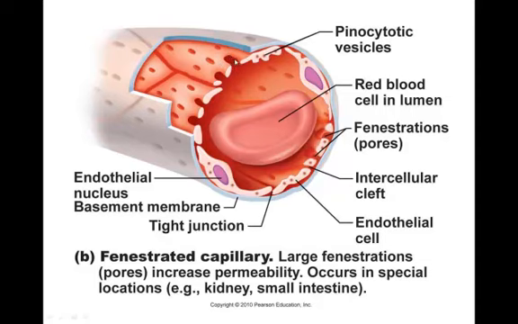So you just don't see it in this picture. Big substances can go right through these fenestrations. So these would be found in our endocrine organs, our kidneys, and in the small intestines, these type of capillaries.